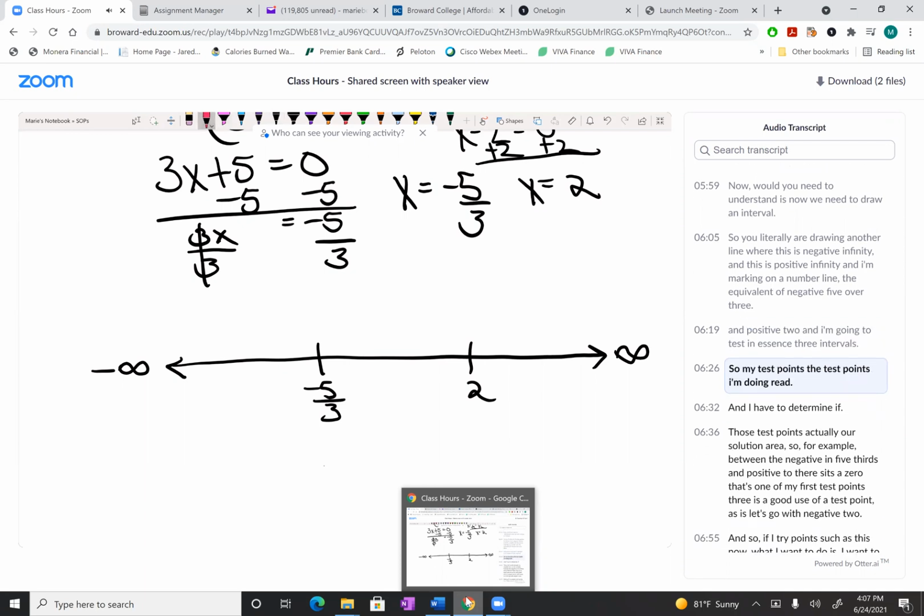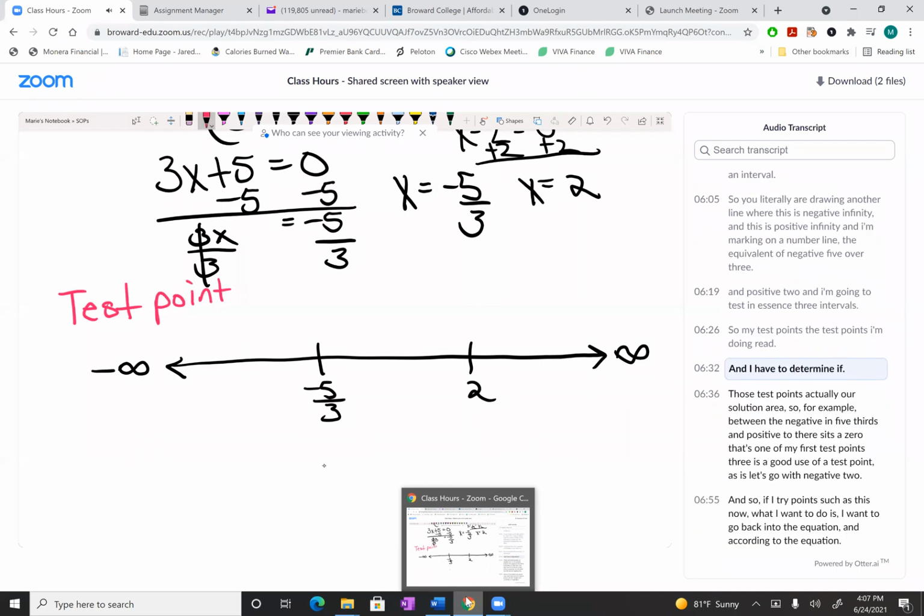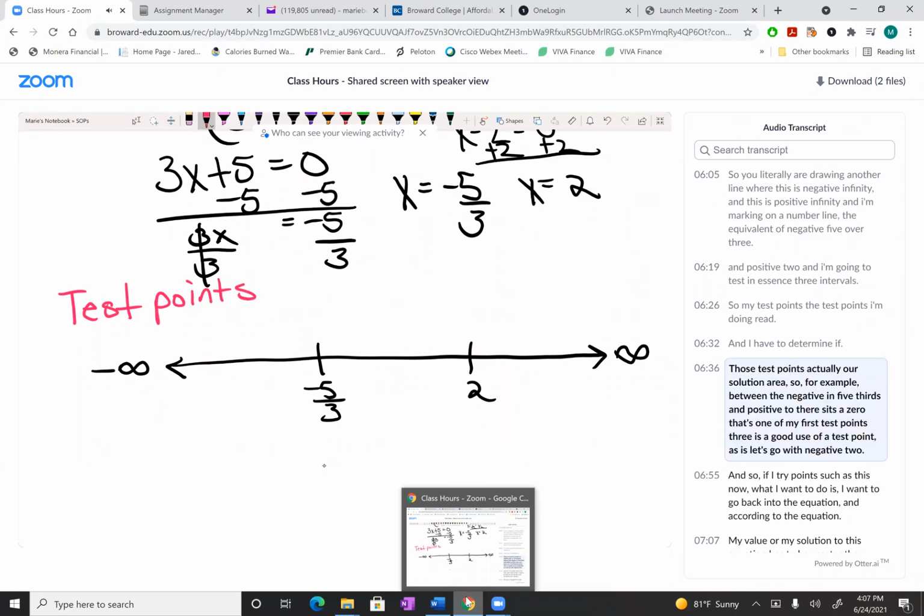The test points I'm going to do in red, and I have to determine if those test points actually are solution areas. So for example, between negative 5/3 and positive 2, there sits a 0. That's one of my first test points. 3 is a good use of a test point, as is, let's go with negative 2.